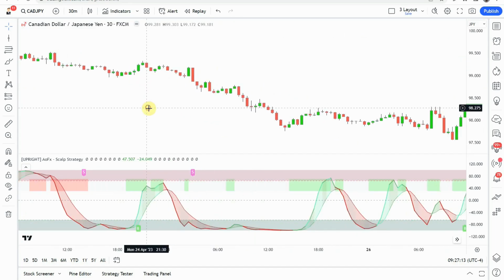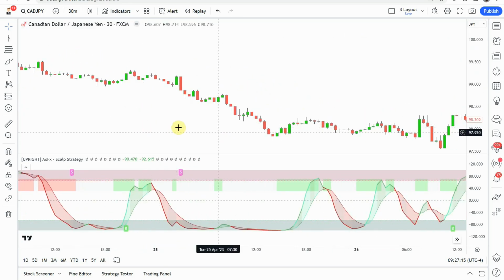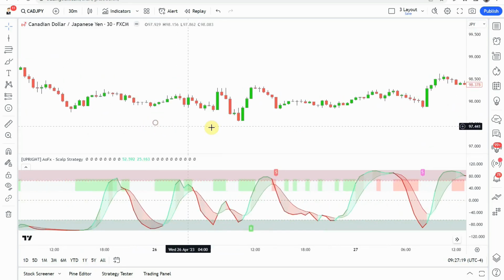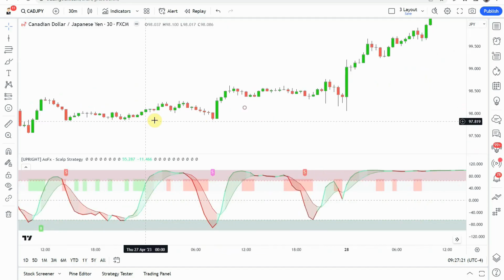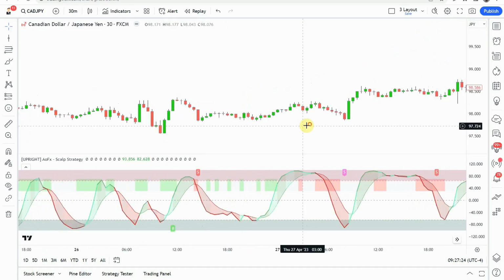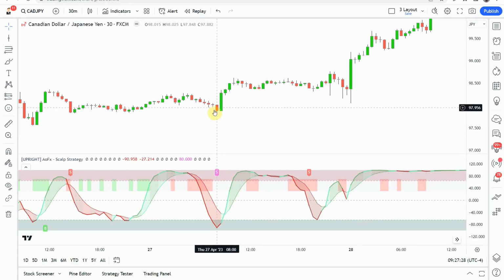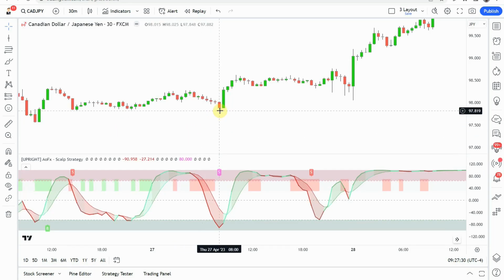Now, just looking at some of the best practices when using this indicator, just so things are a little bit more clear for people. When you get a signal, it was never intended for you to jump into the trade immediately.